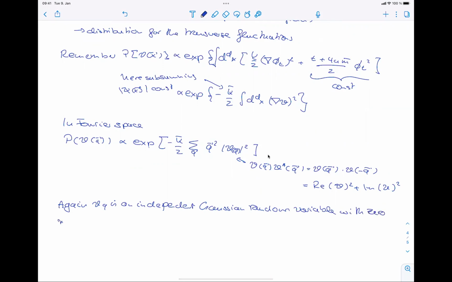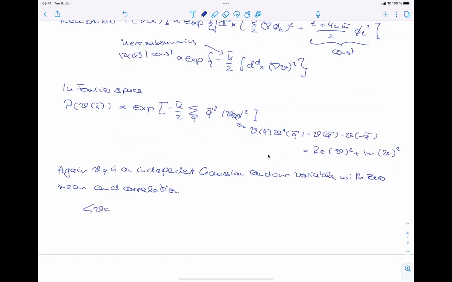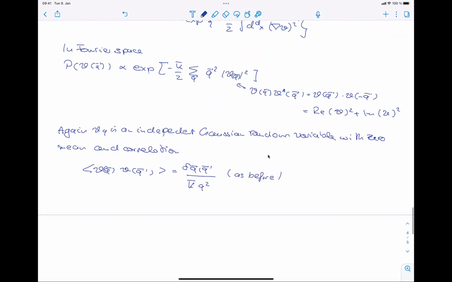So we then know that theta q theta q prime is delta q q prime over k bar q squared, as before. And so now knowing this, we can go back to the correlation in real space.